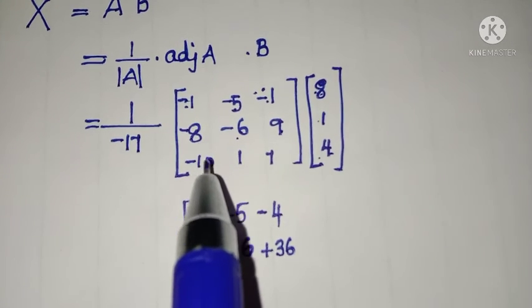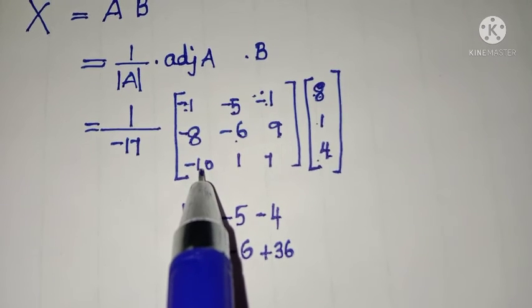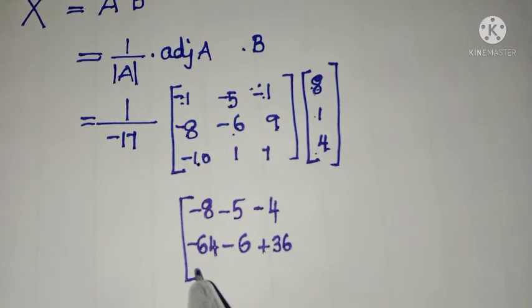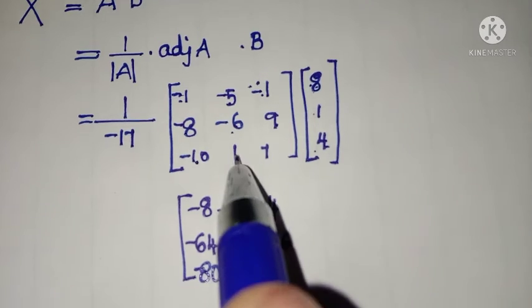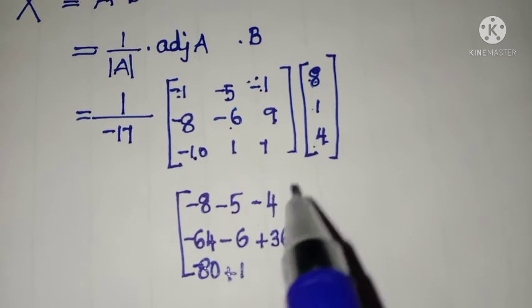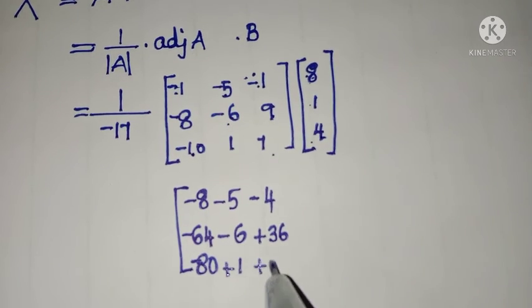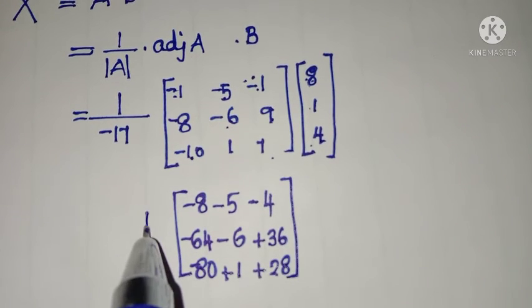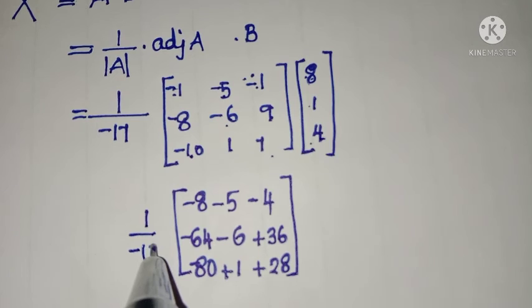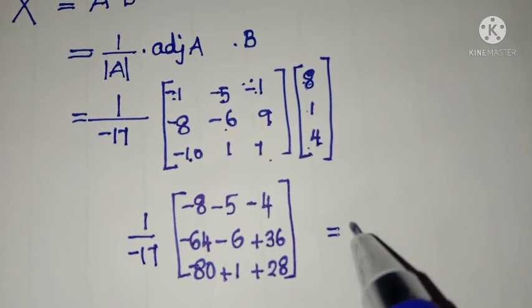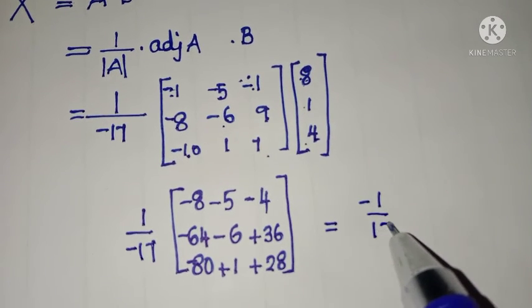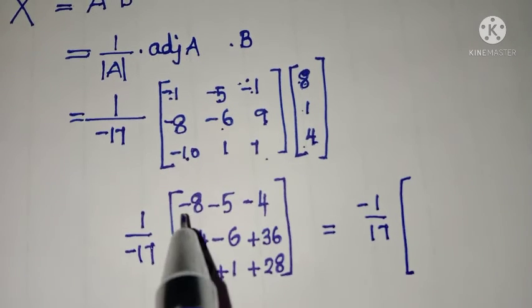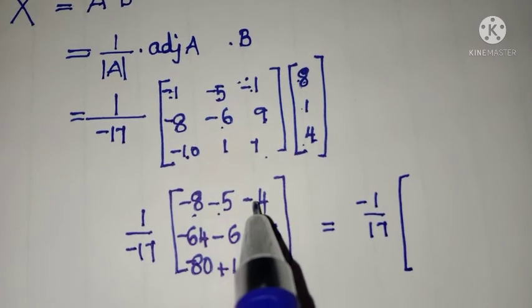Now the last row, minus 10 into 8, minus 80, 1 into 1, plus 1, 7 into 4, plus 28. So this is a column matrix into negative 1 by 17. This gives negative 1 by 17 into minus 8, minus 5, minus 4.